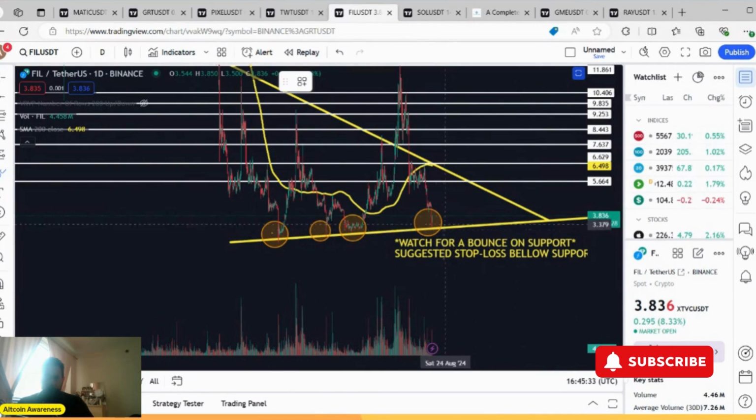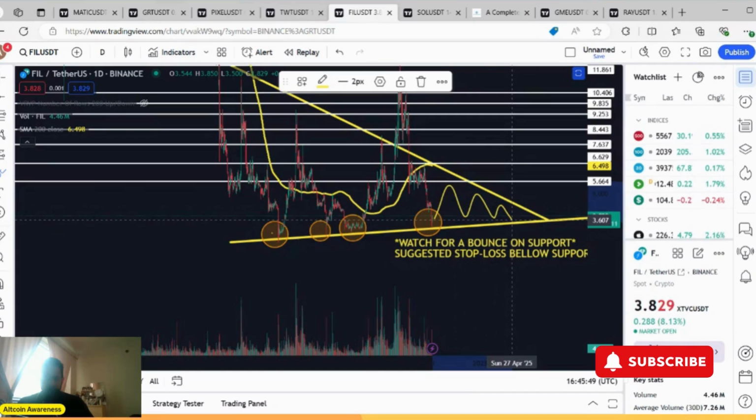Okay? For now, because we have been moving inside this pattern, we have to assume that the price action is going to continue moving inside this pattern. So we have to assume that we're going to see something like this. Okay? If you want to trade it safe, you have to wait until we see a breakout above this top yellow trend line, maybe a retest, and a continuation move to the upside, hitting the rest of the targets.